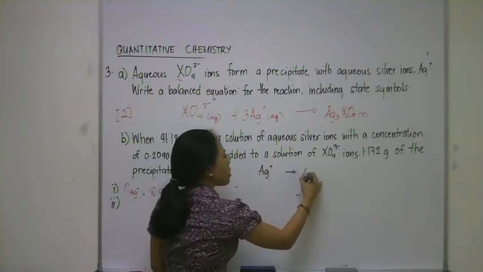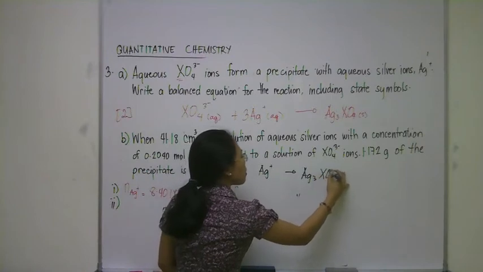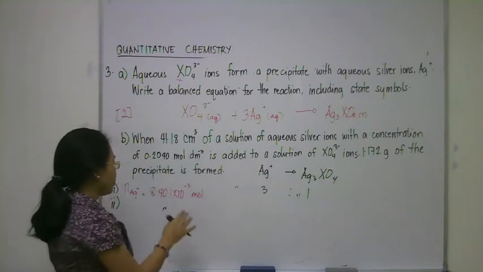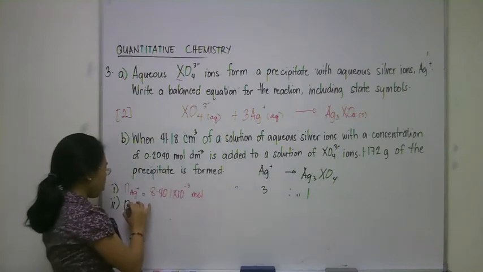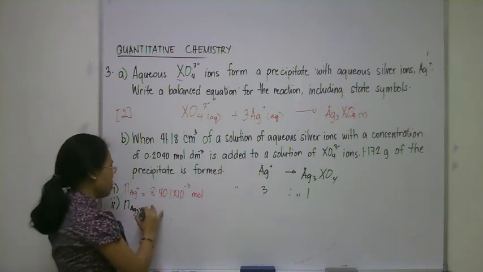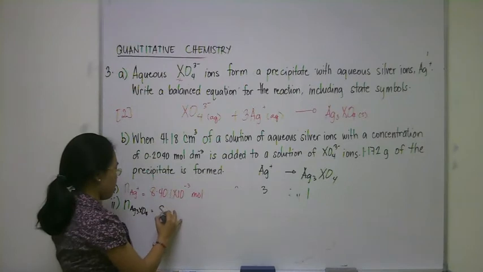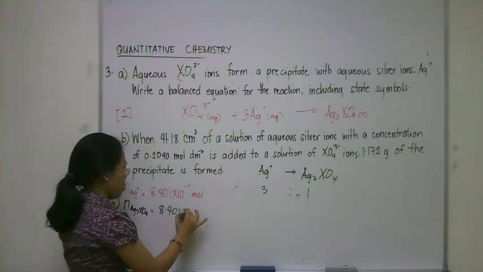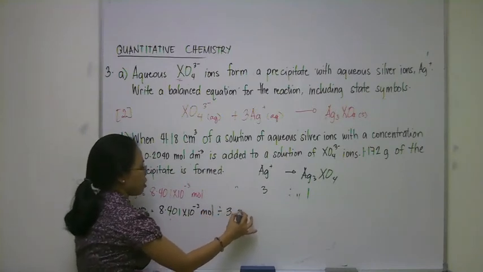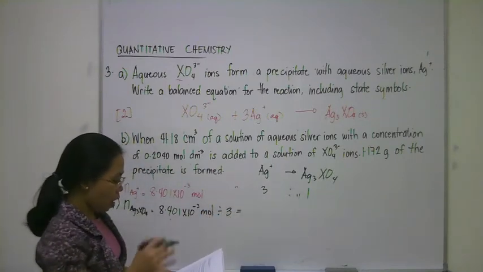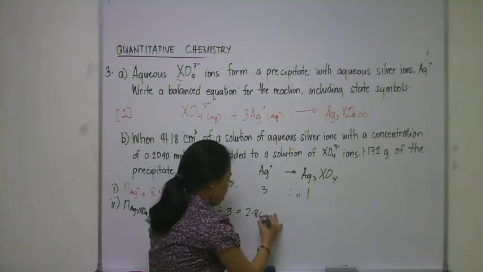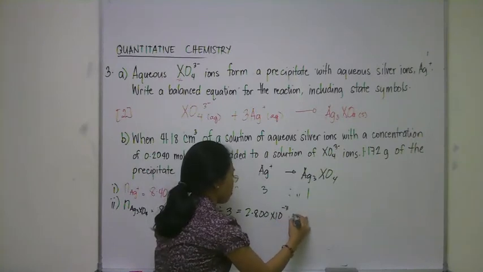Okay, so hence the moles of the precipitate is 2.800 times 10 to the negative 3 moles.